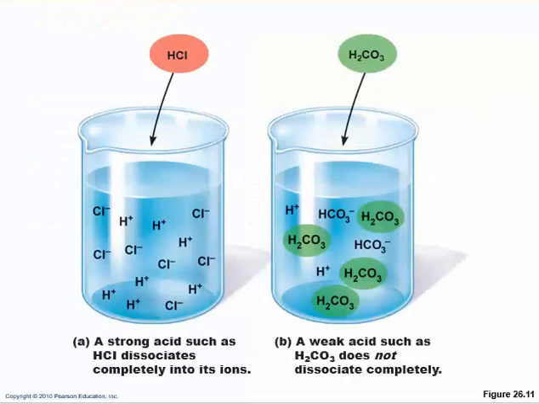So if we look at this, hydrochloric acid almost entirely becomes hydrogen ions and chloride. It's a strong acid. A weak acid, like carbonic acid, some of it stays as carbonic acid, and some of it dissociates to bicarbonate and hydrogen ions.